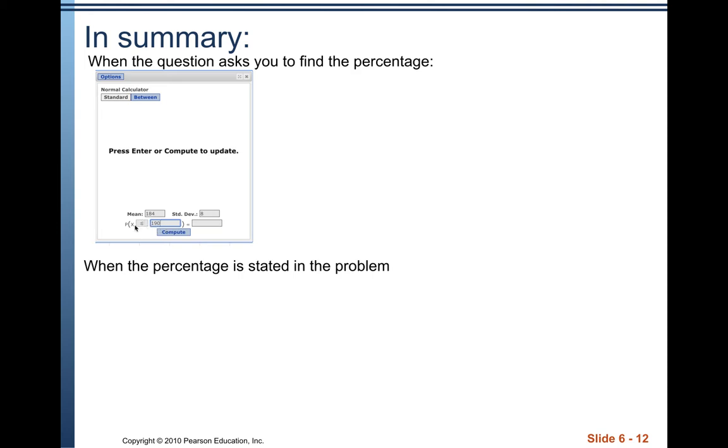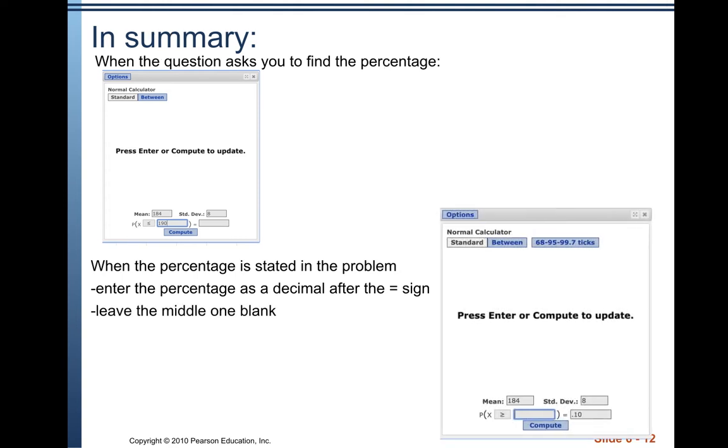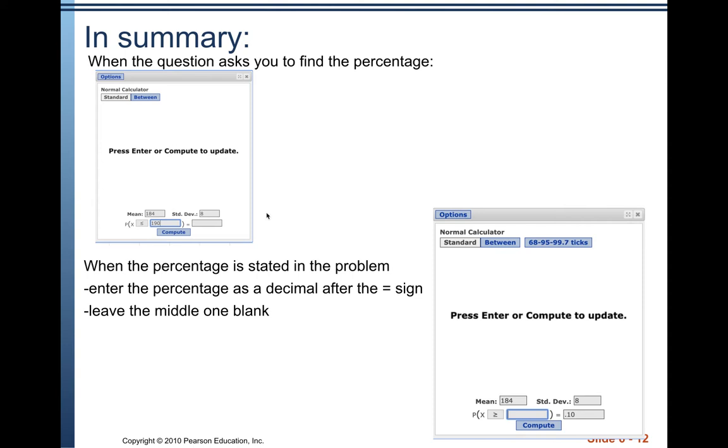We choose our drop down less than or greater than, or we go to between. If the percentage is stated in the problem, so if we're going backwards, we enter the percentage as a decimal after the equal sign, and we leave the middle one blank, just like I did here. Or if it's a range, if it's between, I leave the middle two blank. So this sums up how we answer those questions.